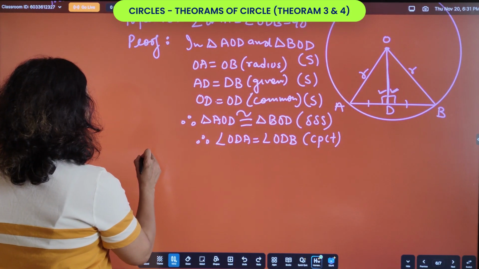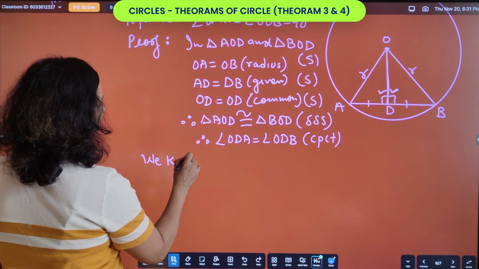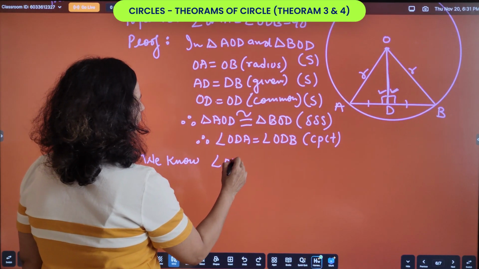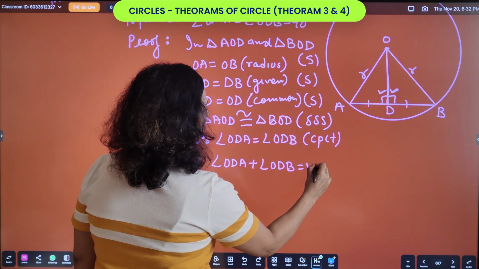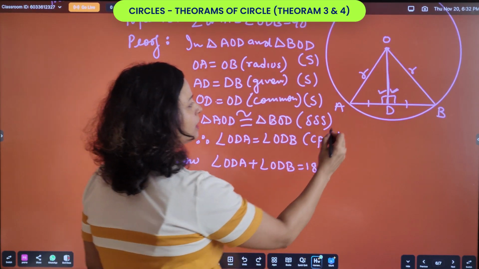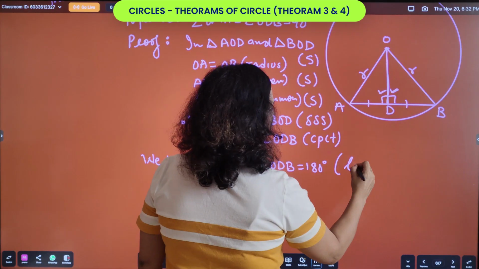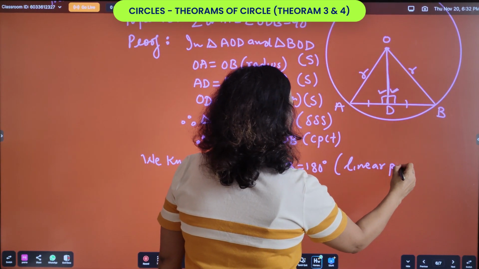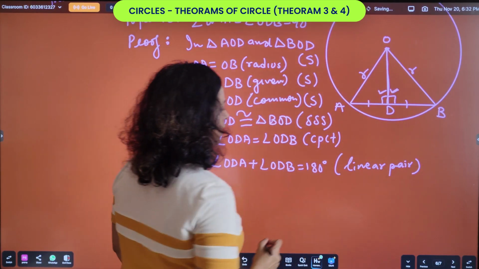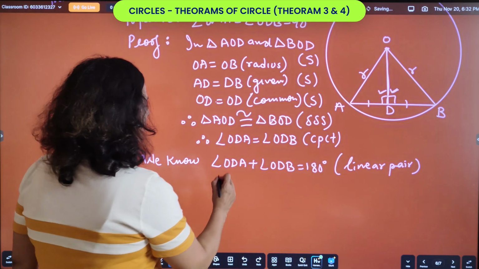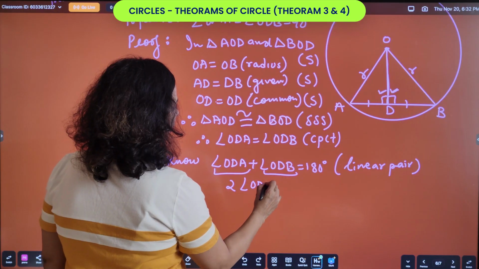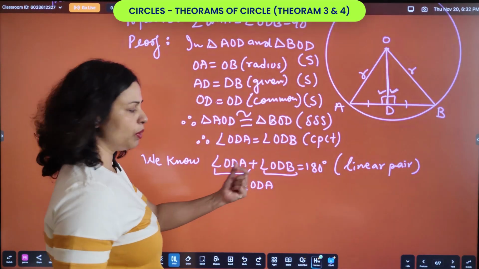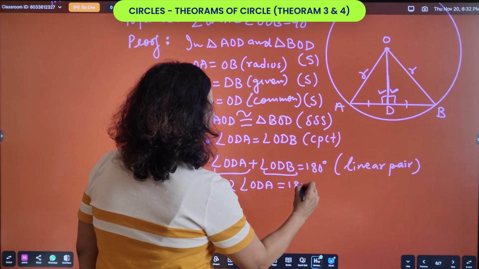We know that angle ODA plus angle ODB is equal to 180 degrees. Why is it 180 degrees? Because it is forming a straight line. They form a linear pair of angles. Linear pair of angles always add up to 180 degrees. So both of them I can write as twice angle ODA, because both are equal, is equal to 180 degrees.